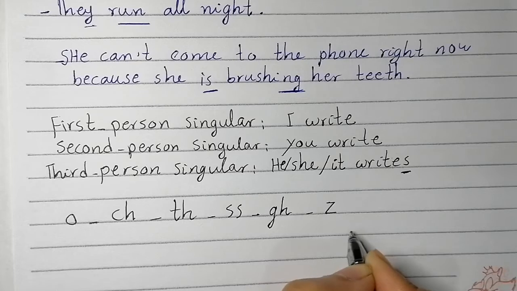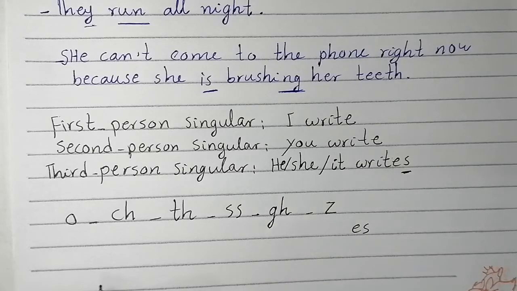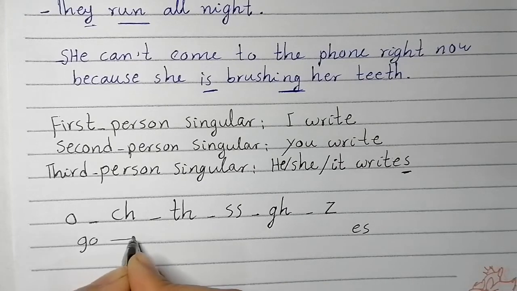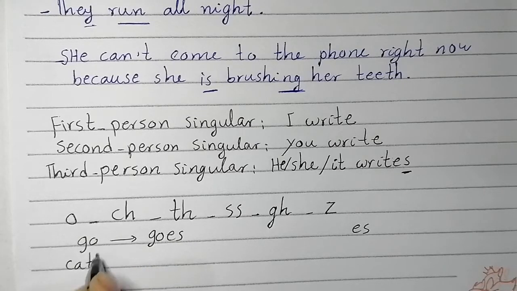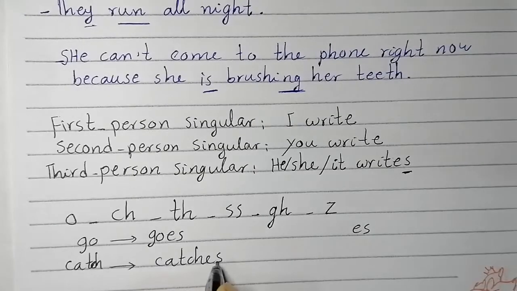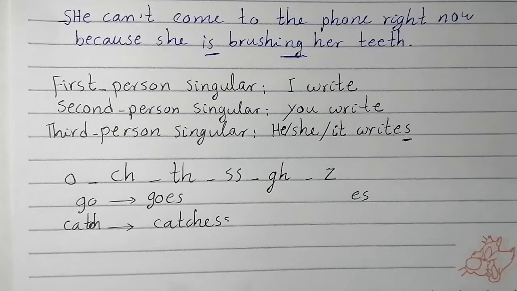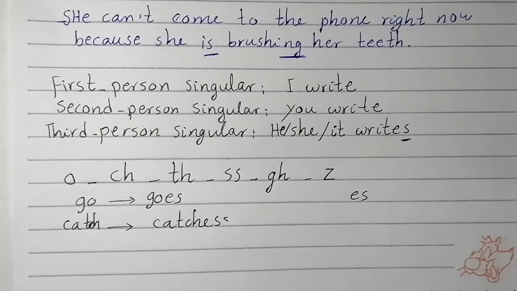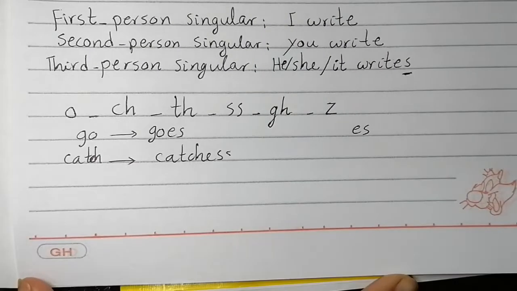Then we add es to the verb. For example, go becomes goes. Catch, catches. Okay, and so on.